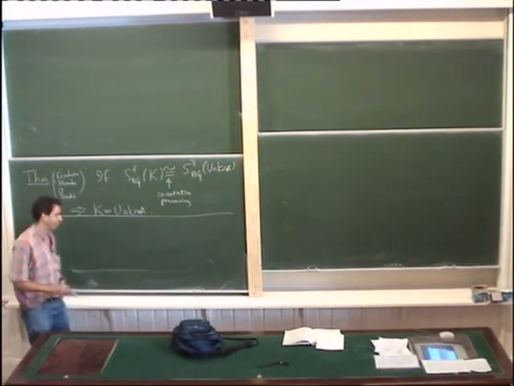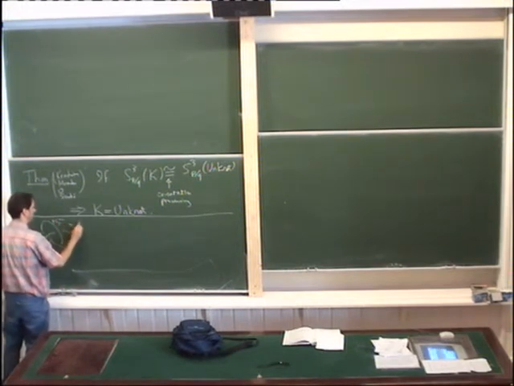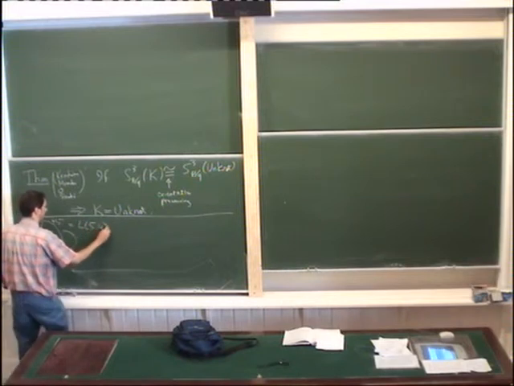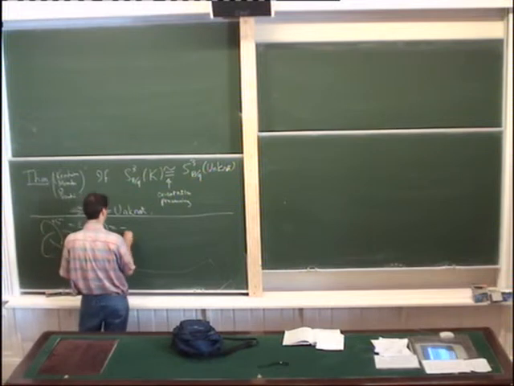For example, if you take the right-handed trefoil and do +5 surgery on it, then you get the lens space L(5,4), which is minus L(5,1), which is minus, if you like, +5 surgery on the unknot.